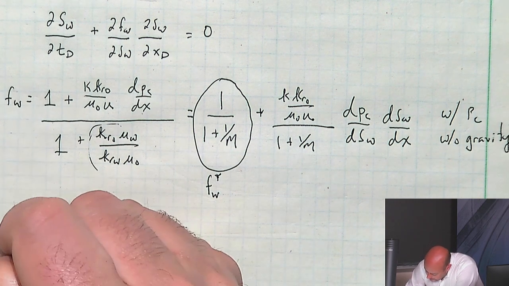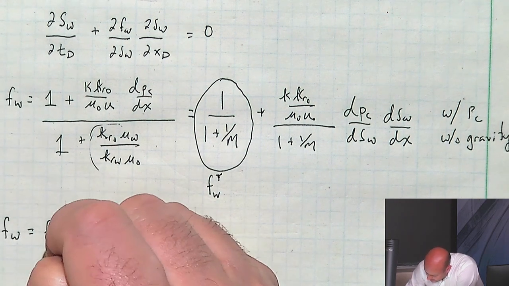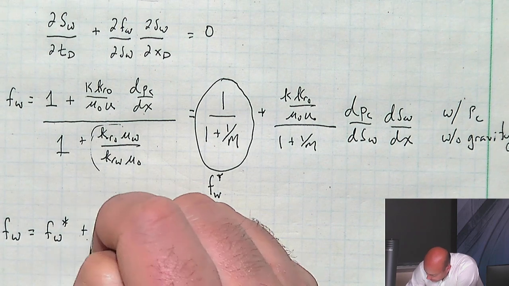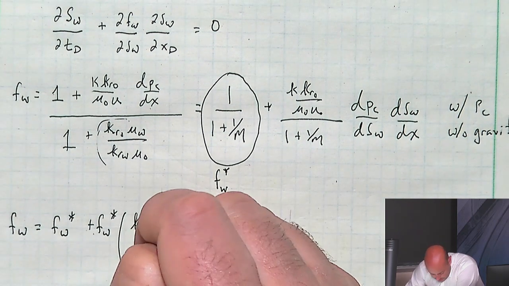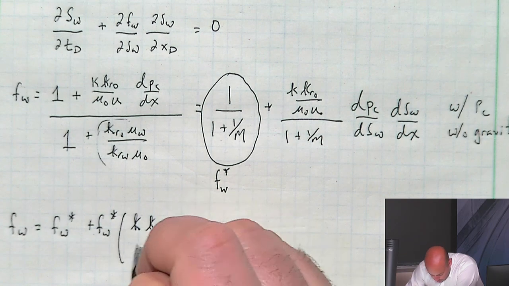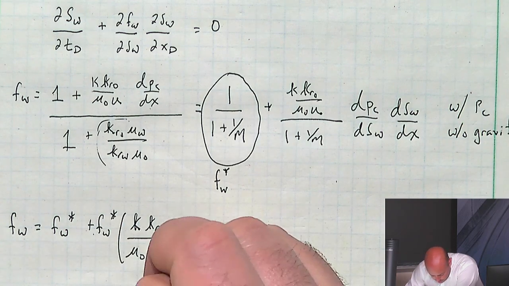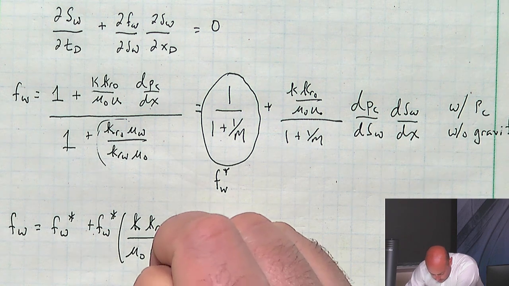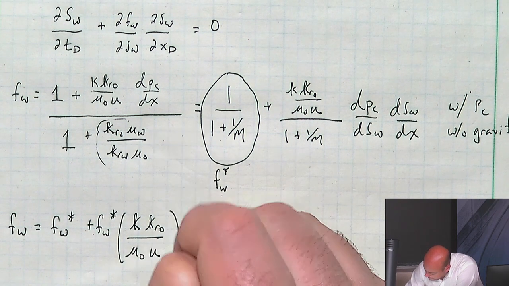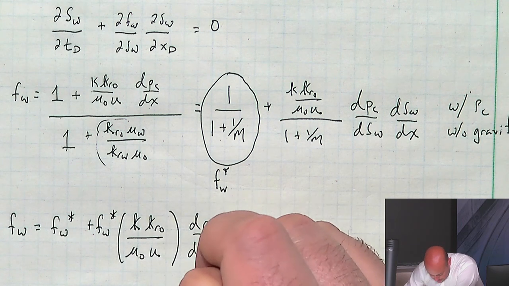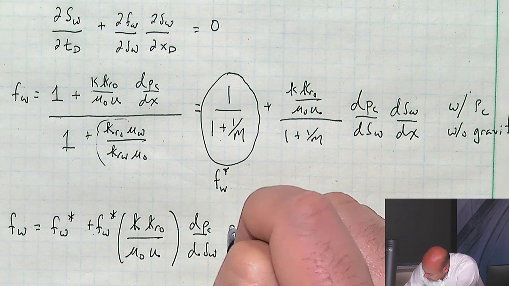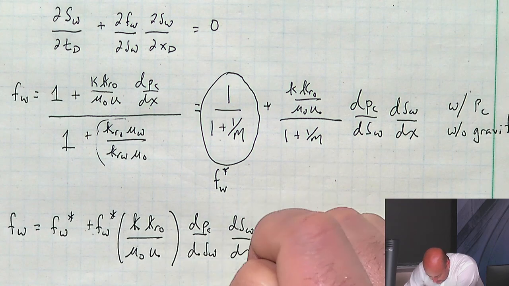So that means that FW is equal to FW star plus FW star times k KRO over mu O mu, dPc/dsW, dsW/dx.